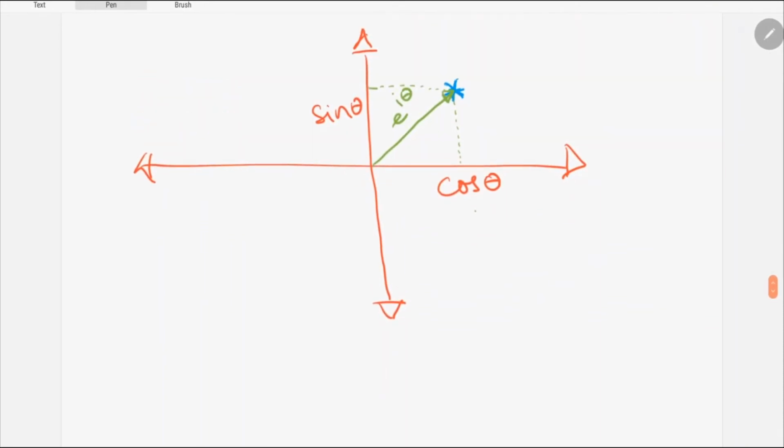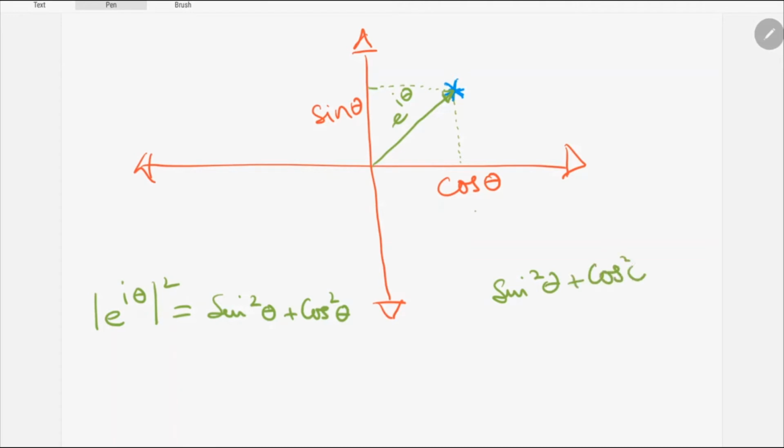Now the magnitude of this thing will be equal to sine square theta plus cosine square theta. It's a trigonometric identity that sine square theta plus cosine square theta is equal to 1.